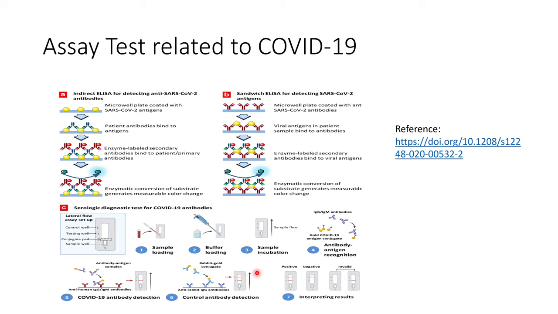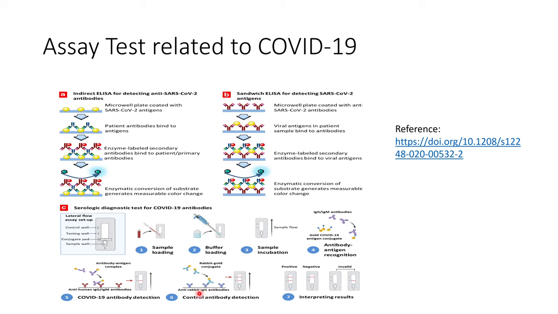Let us understand how a negative result will occur. This rabbit gold conjugate is not necessarily going to bind only to the SARS-CoV-2 antigen. It will bind to any antigen that is present in the patient's sample, and then it will bind to the anti-rabbit IgG antibodies.